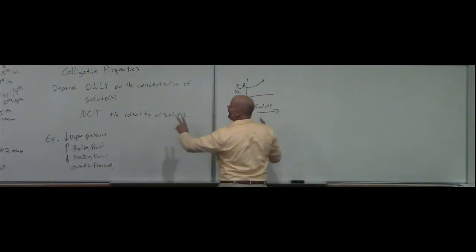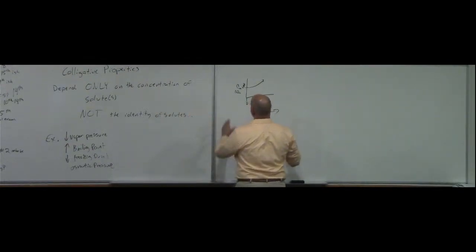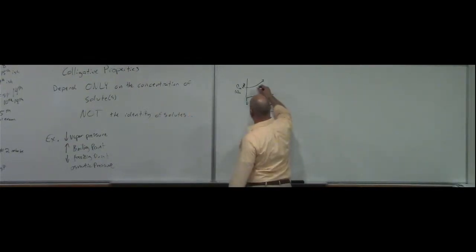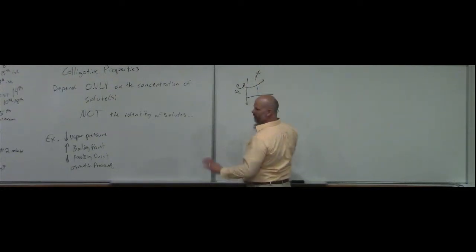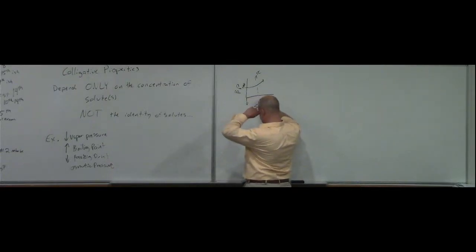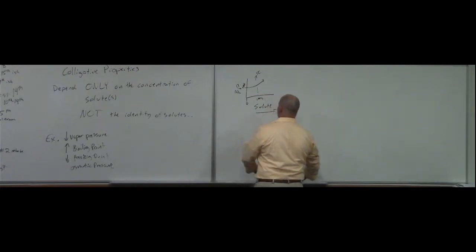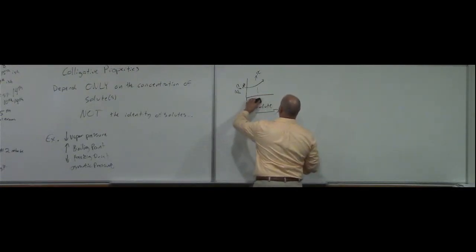It's saying boiling point is a colligative property. It only depends on the concentration, not the type. So if I added, we're going to just be hypothetical here. Let's say I wanted to raise my boiling point and this did it by 5 degrees here, okay? 5 degrees centigrade. Again, I'm just making up numbers. And this was with, by adding 100 grams. No, we better not do grams, we better do moles. That is going to matter.